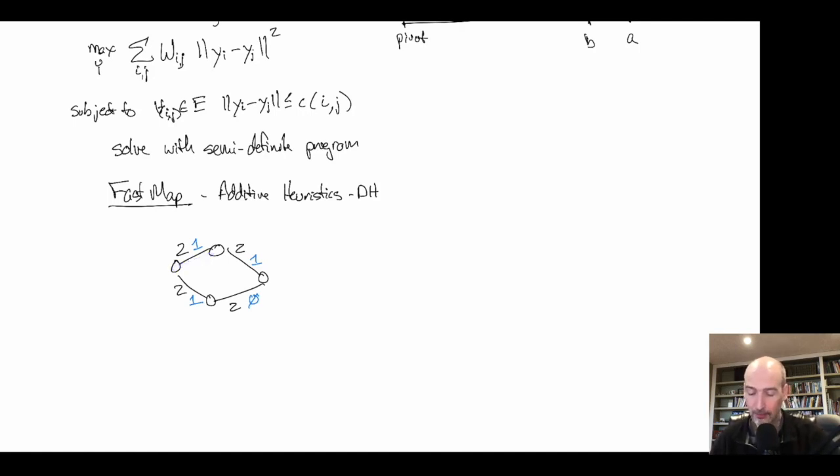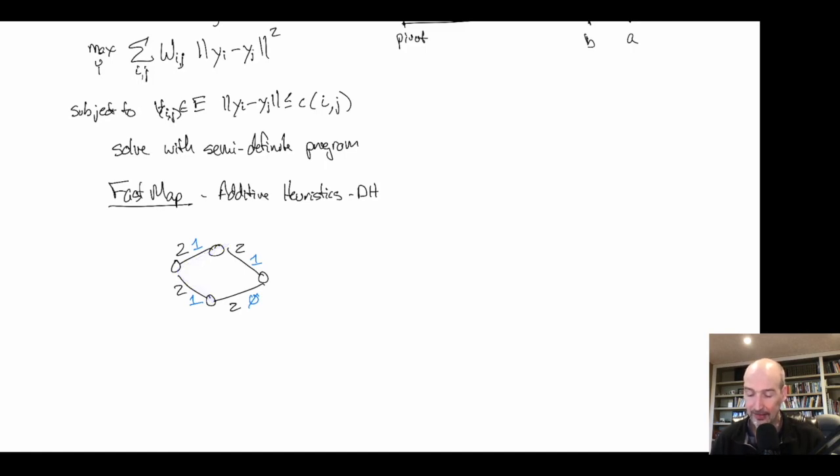Now I've captured something here that says I think these edges are 1 apart in my heuristic, but in practice they're actually 2 apart. The same thing here: I think they're 0 apart, but they're actually 2 apart. And the same thing here. We don't worry about states that are farther apart because, given the consistency of the heuristic, we've captured what's going on in the bigger pieces through these individual pieces.